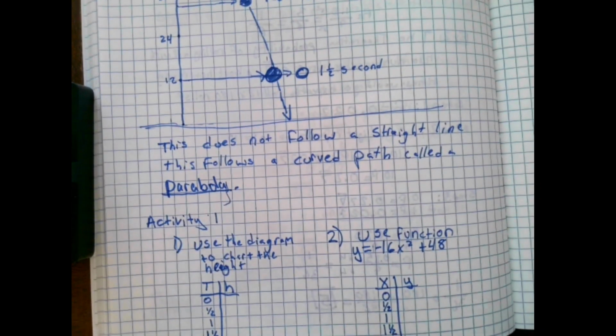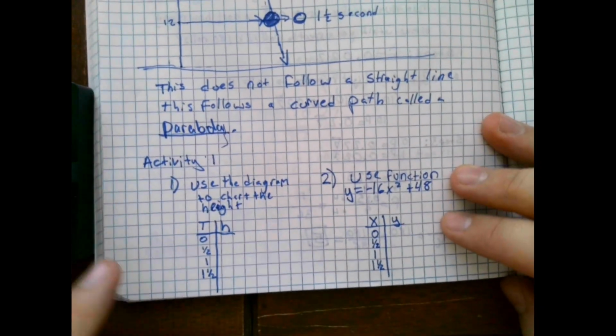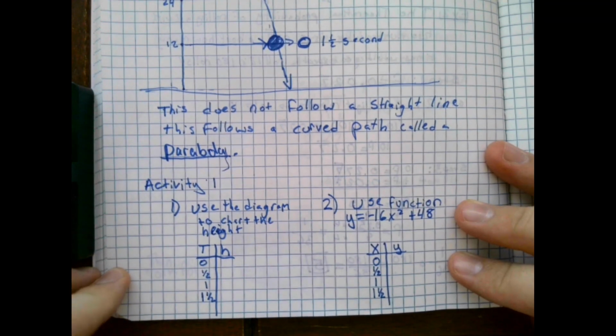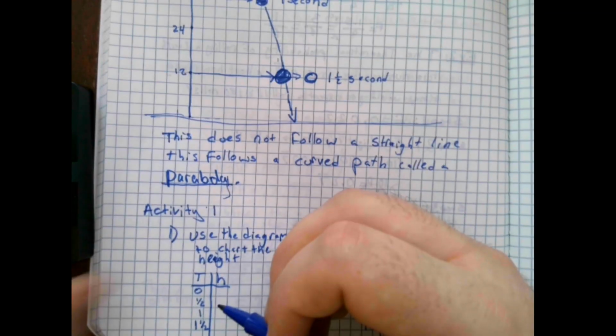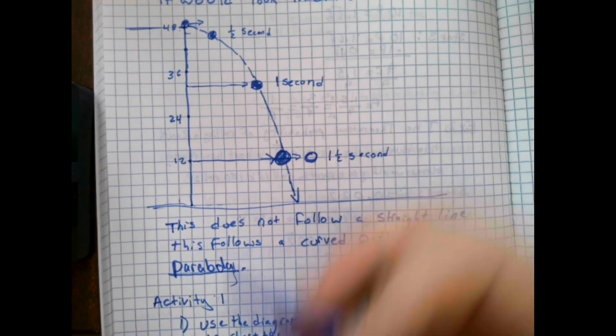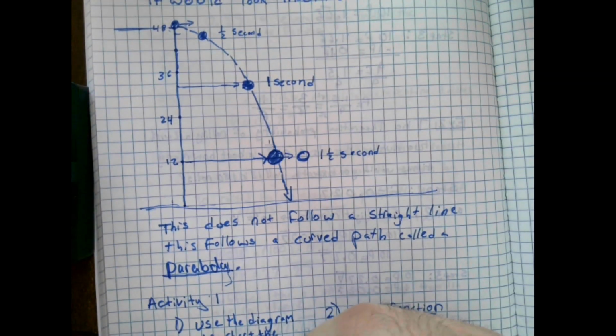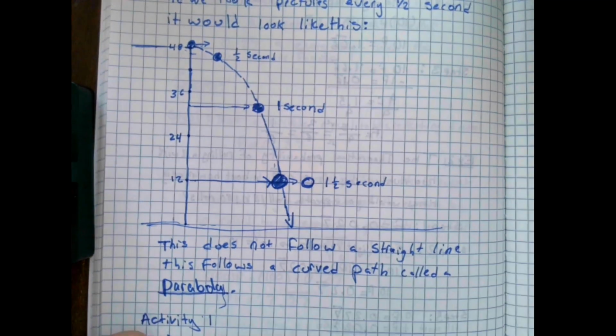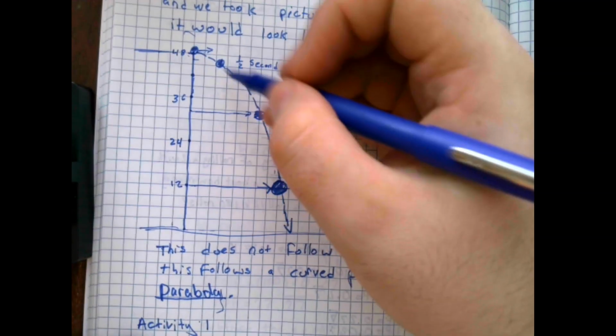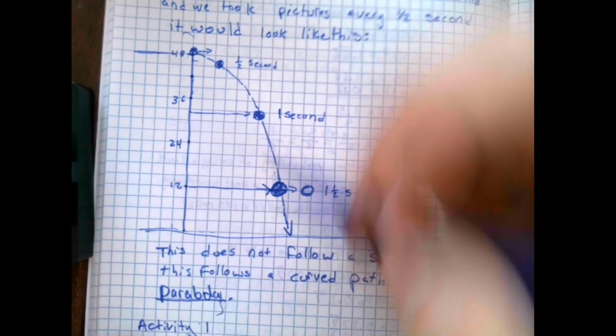Alright. Now, activity 1 asks us to use the diagram to chart the height. Now, at 0 seconds, it's at 48 feet. At a half second, it's lost a little bit of it, maybe about 4 feet between 48 and 36.